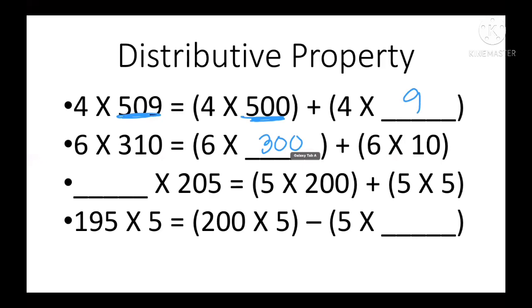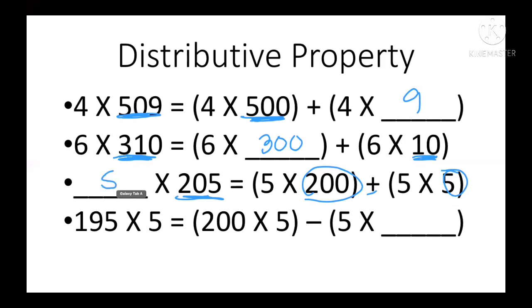See? 310 minus 10. 310 minus 10 is 300. Okay? Our next number. Blank times 205 equals 5 times 200 plus 5 times 5. 205, we are now here. 200 plus 5. So the missing is 5.